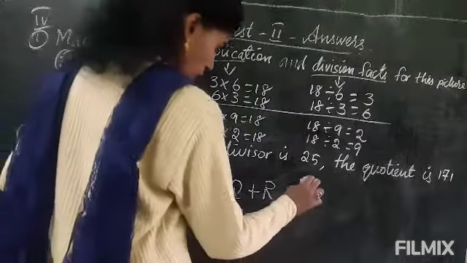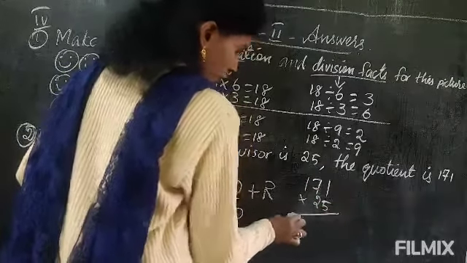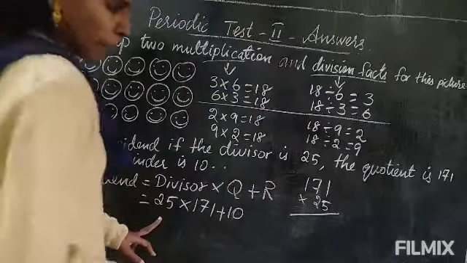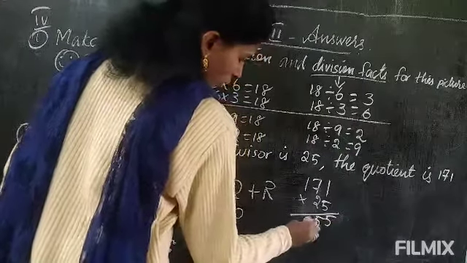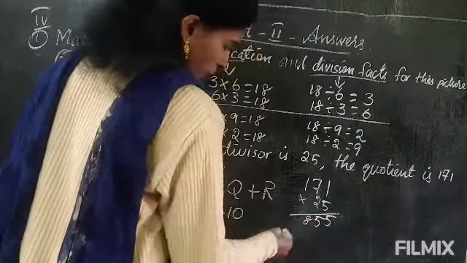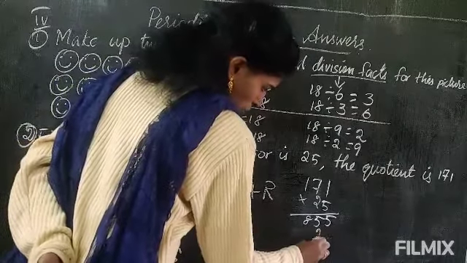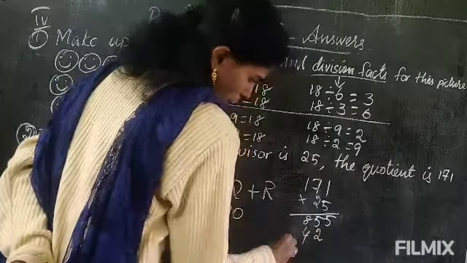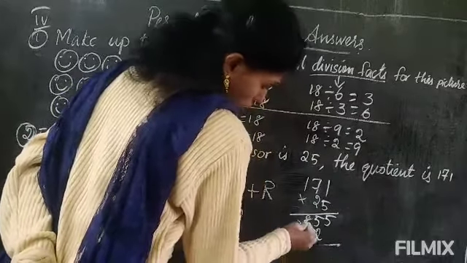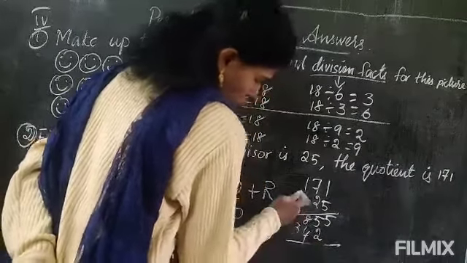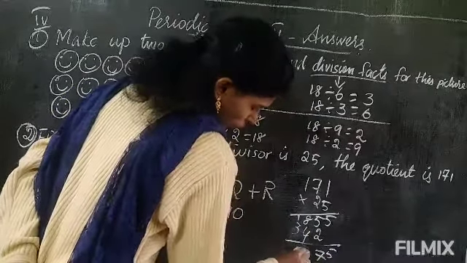So now 171 multiplied by 25. If you multiply, you get 5 ones are 5, 7 5s are 35, 3 carry, 5 ones are 5 plus 3, 8. Again 2 ones are 2, 7 2s are 14, remainder 1, 2 ones are 2 plus 1, 3, again 5, 7, here 12, here 1, 4.